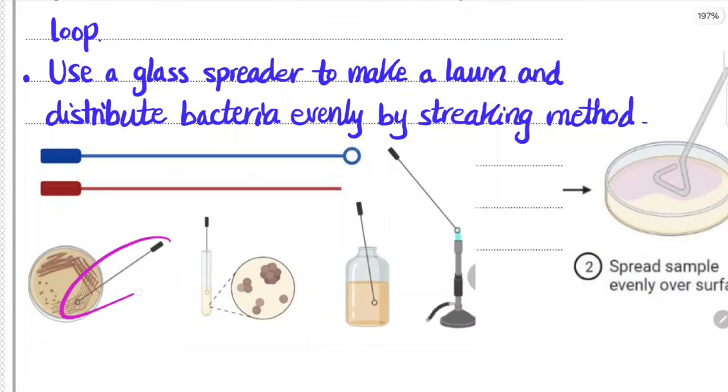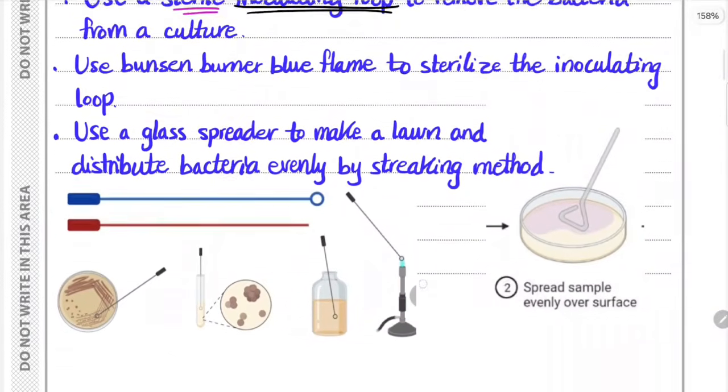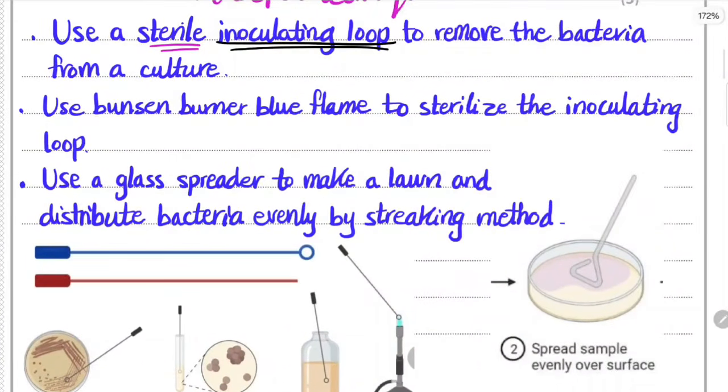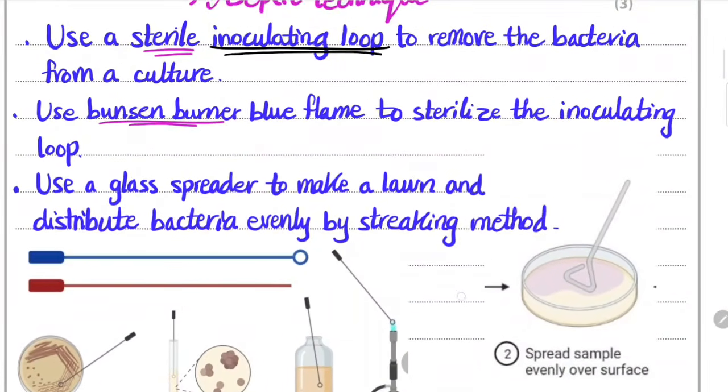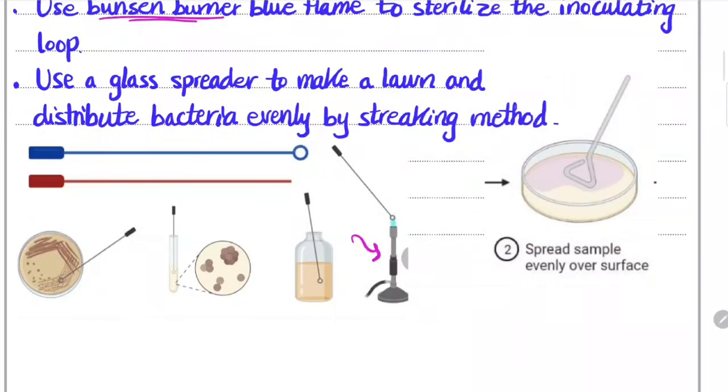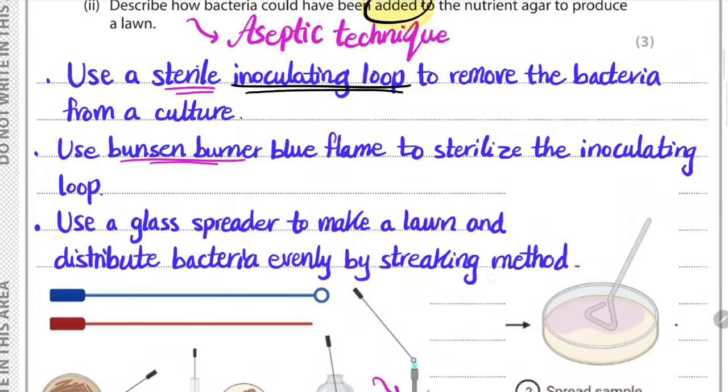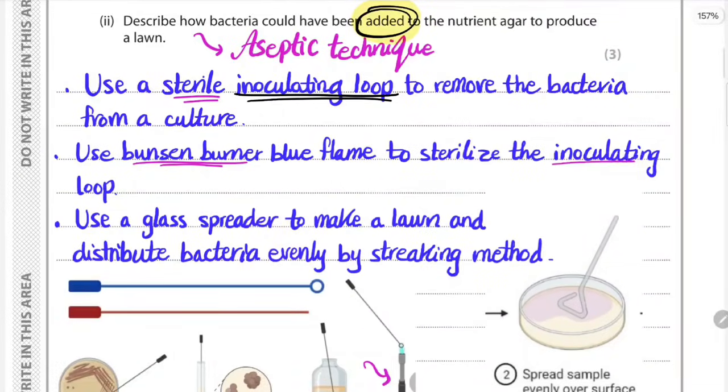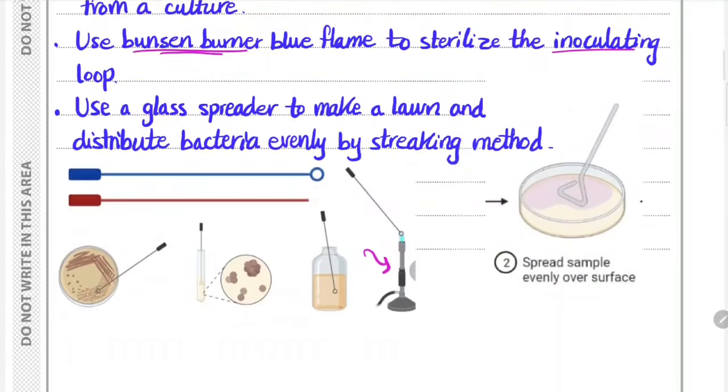And by the way, this is the inoculating loop. I use it here to get the bacteria from the culture. Use a Bunsen burner, which is the device we use to get the blue flame, or any kind of flame, but the blue flame is the strongest, to sterilize the inoculating loop. Then I'm going to use a glass spreader to make a lawn and distribute the bacteria evenly by streaking method.